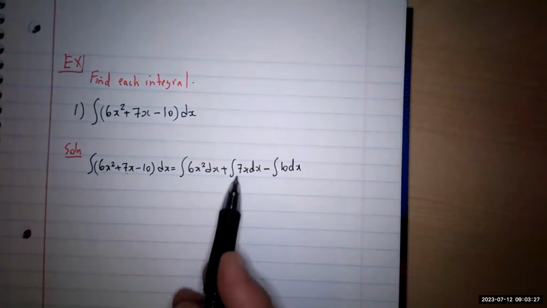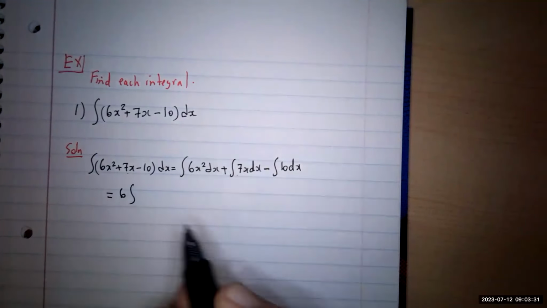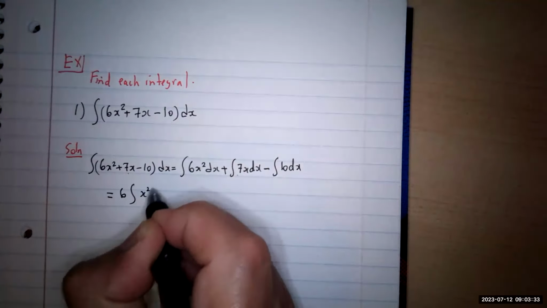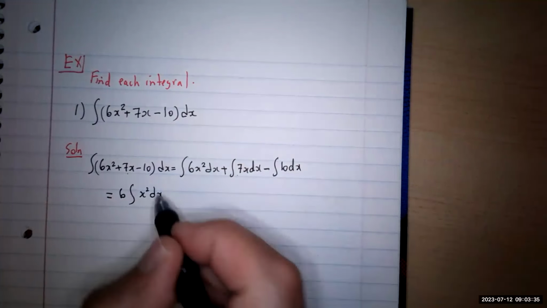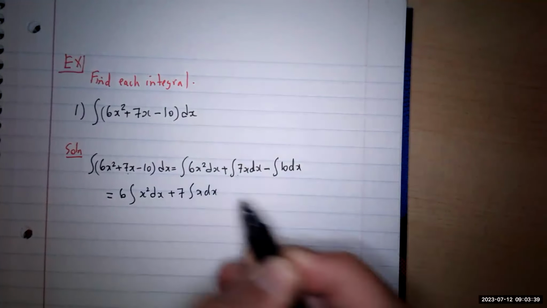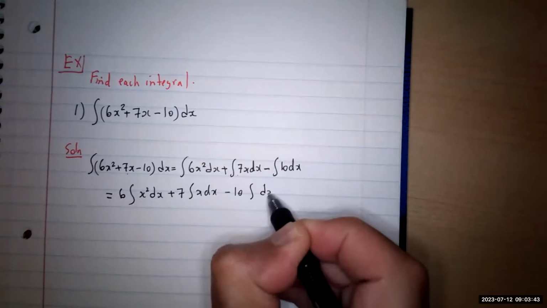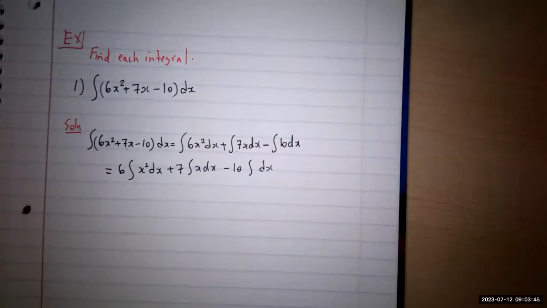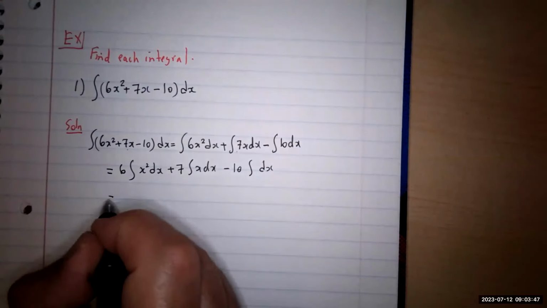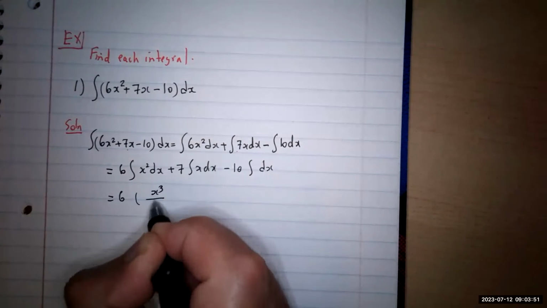Then we can pull out these coefficients because we have a theorem: 6 integral of x squared dx, 7 integral of x dx, and the last one, minus 10 integral of dx. Now use the power rule. This is 6, power rule, move it up: x cubed over 3.